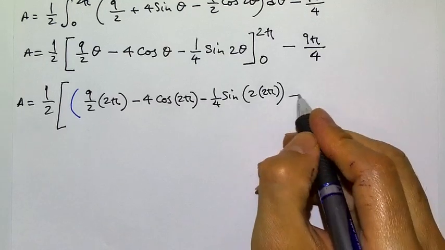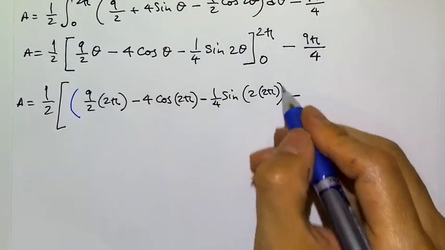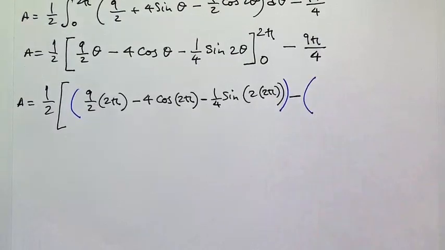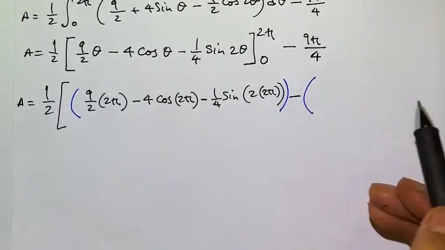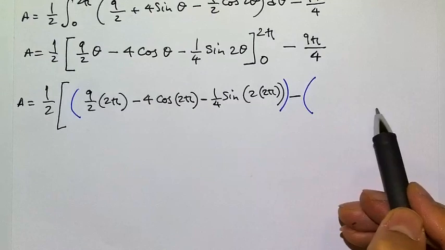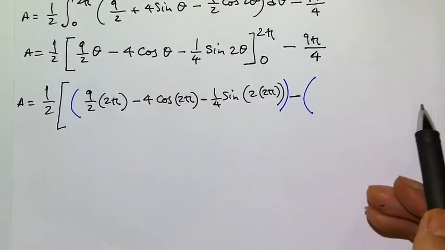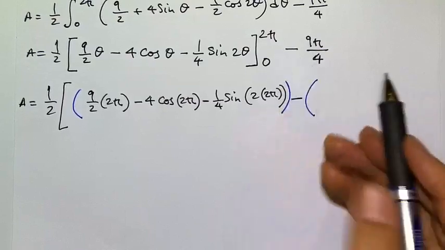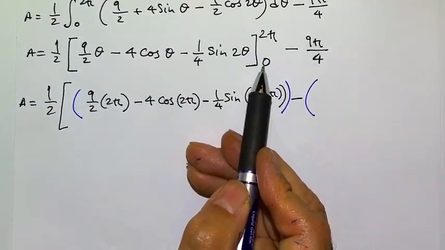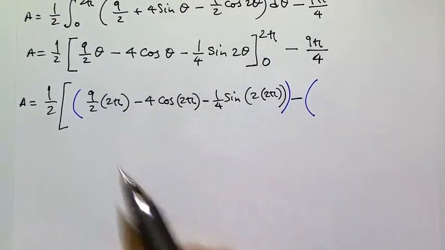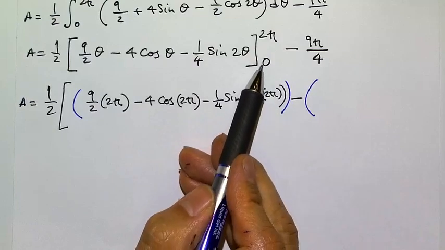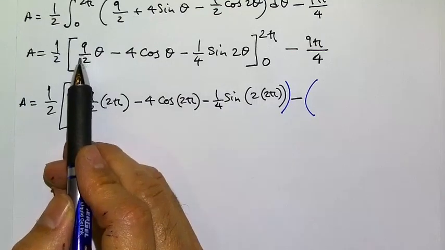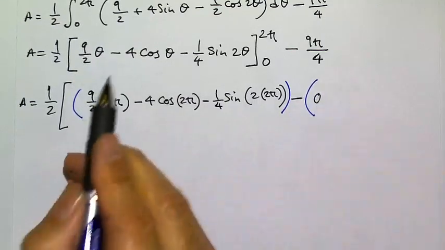And then minus, I'm going to put bigger parentheses here and then opening up another one. I'll run out of room because of that. So let me substitute for theta with 0 and simplify at the same time. So substitute for theta with 0, 0 times 9/2, 0.